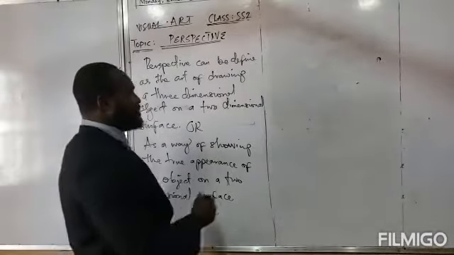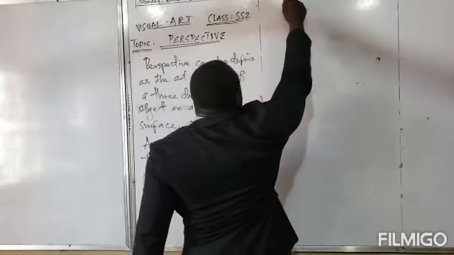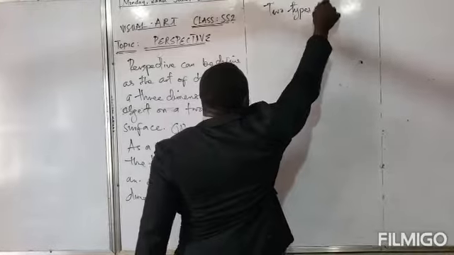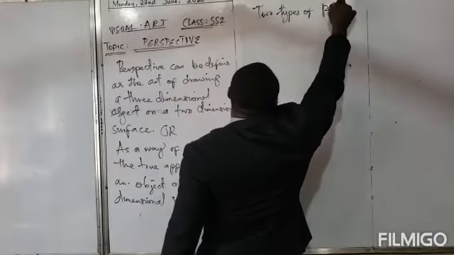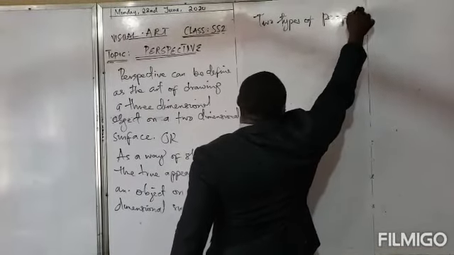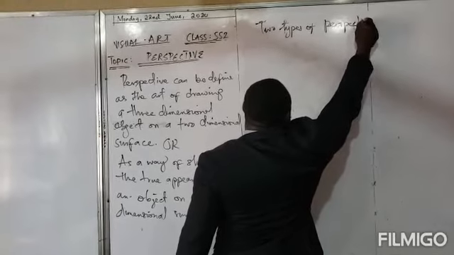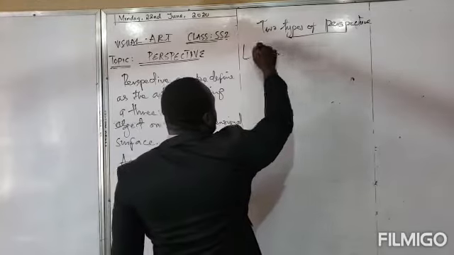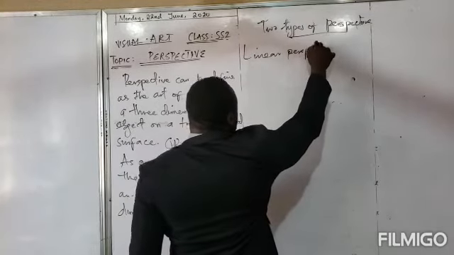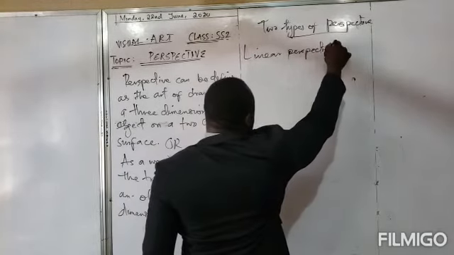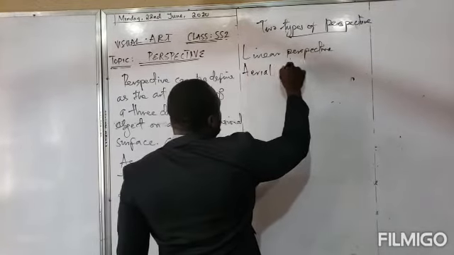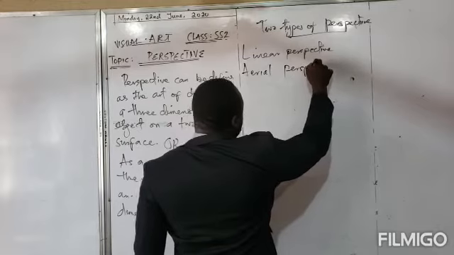Now we have two types of perspective. We have the linear perspective, and then we have the aerial perspective.